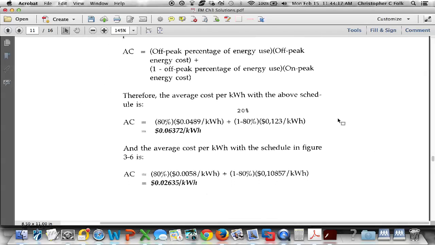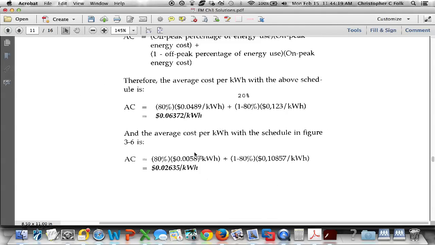I do need to point out that there's a typo in this book. Notice right here, very important, this is a typo. When I compare this rate for electrical use during off-peak time, there's an extra 0 in here. And because there's an extra 0 here, there's an extra 0 in the answer. So this bottom answer right here, this is really important, you have to change that.